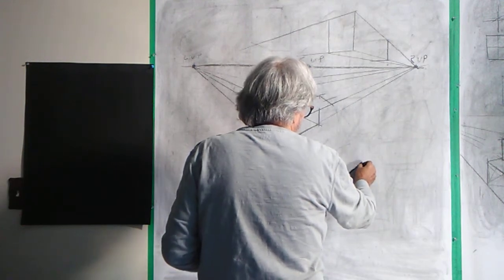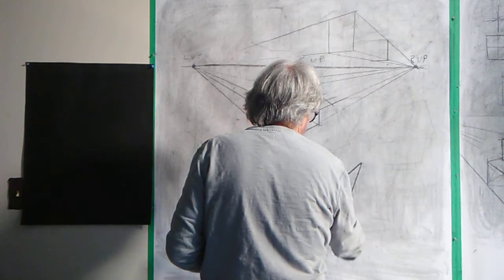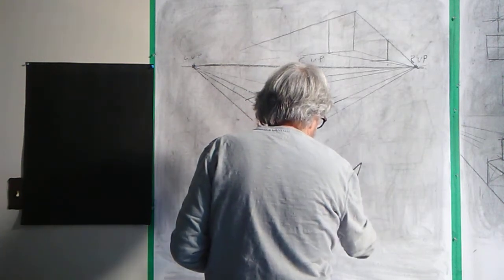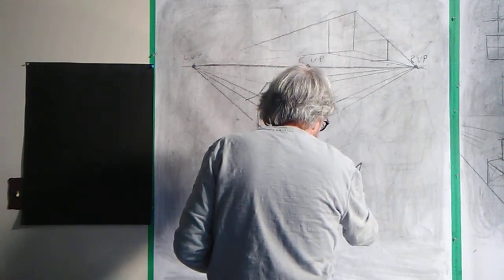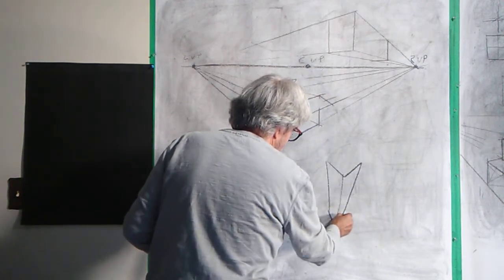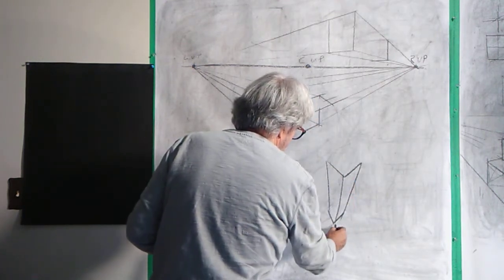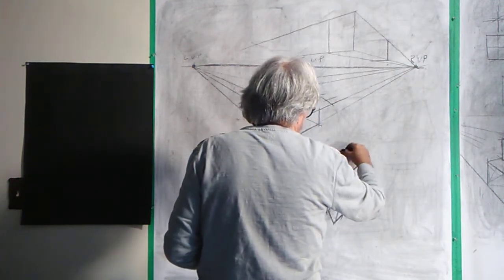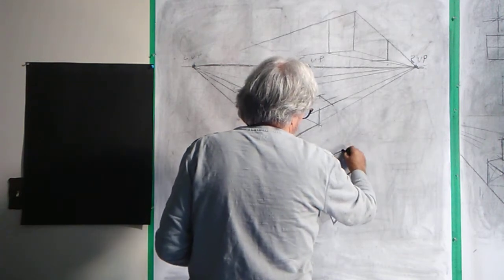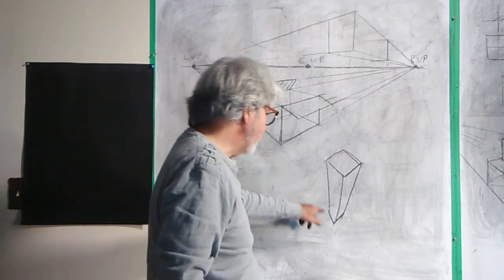If it was three-point perspective, which I'll show you in just a little bit, this might angle in like this, and then this line is going to have a strong angle to it this way, and this is going to have a strong angle to it this way. And this is going to come up, and this is going to come over. Okay, so then you got an object in a very steep perspective.